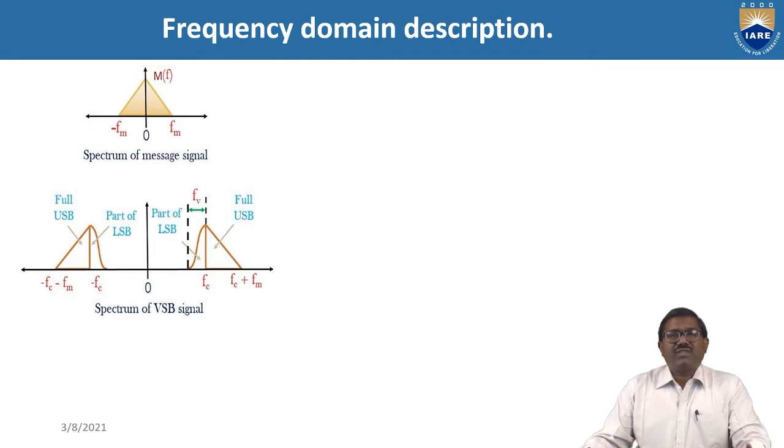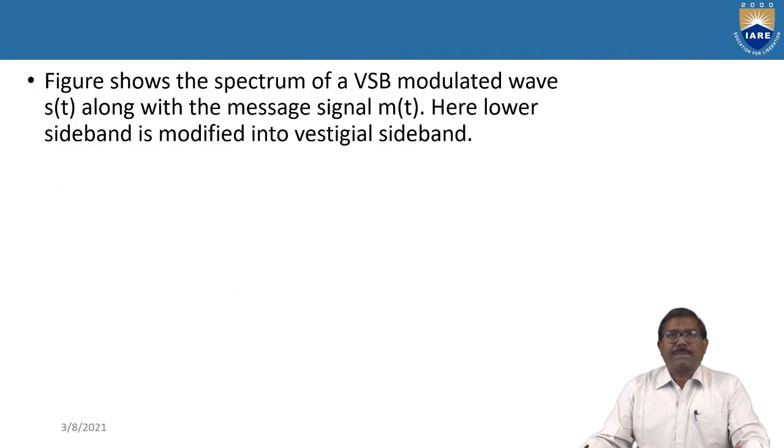Here FC is the carrier frequency, located at the center. The right-hand side of FC you can call USB, and the full USB is sent. The left part of FC we call LSB, and some part of LSB is also transmitted. So this is the spectrum of VSB, the frequency domain description of VSB.